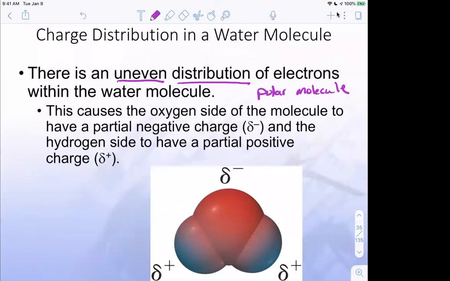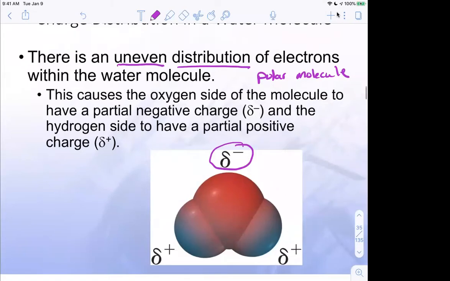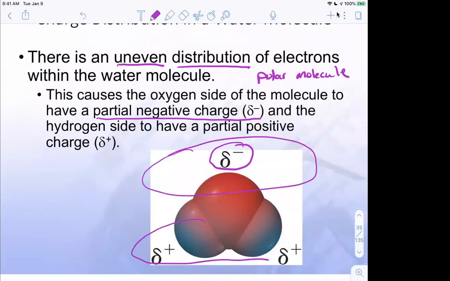The oxygen side has a buildup of electron density, which gives us a partial negative charge on this side of the molecule. And then the hydrogen side has a buildup of partial positive charge, because all the electrons are being pulled towards this oxygen due to the high electronegativity of the oxygen.